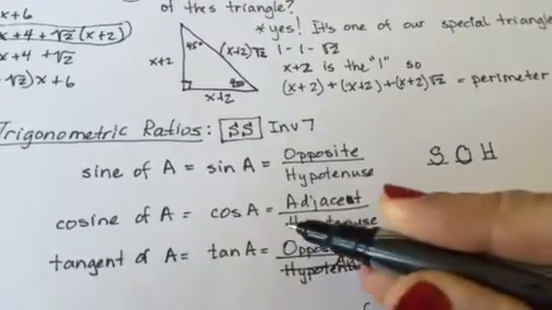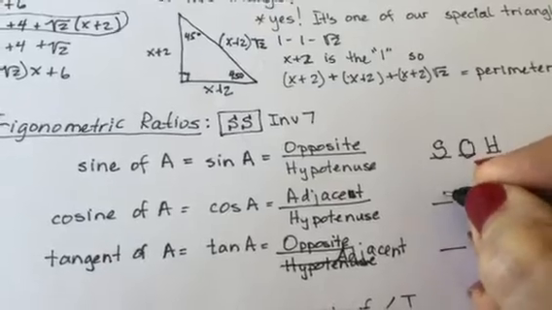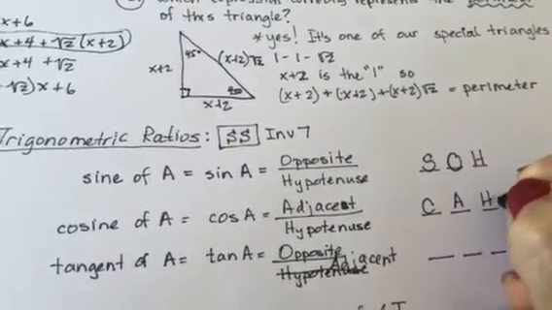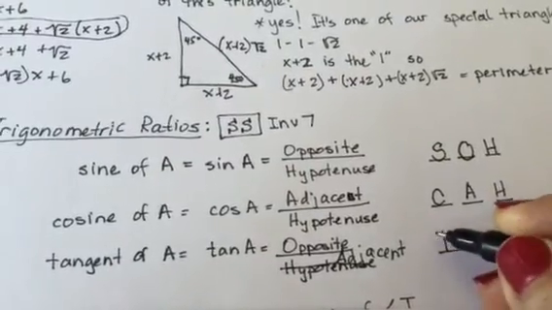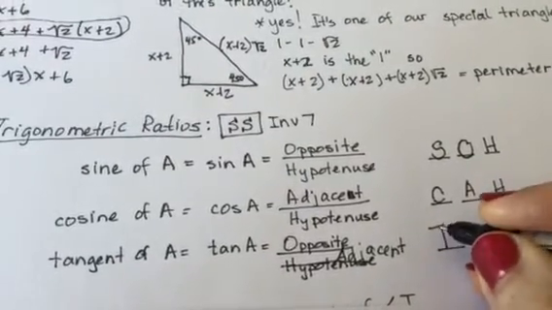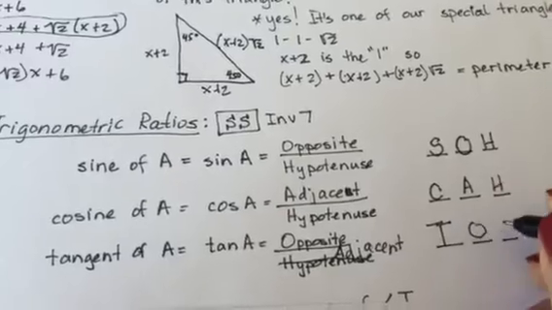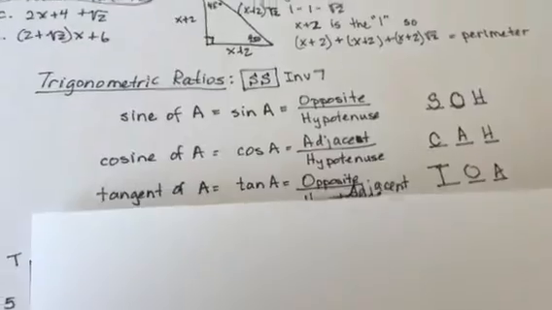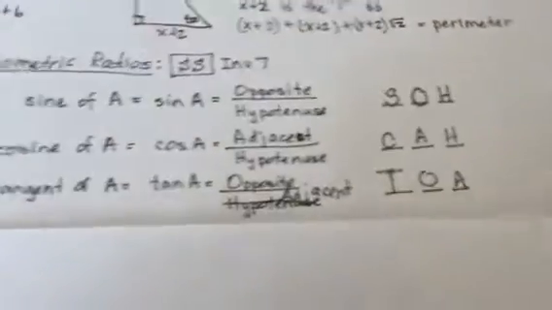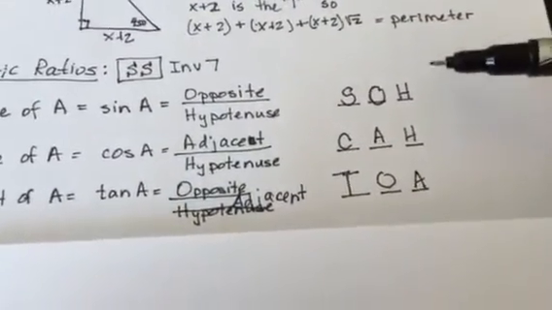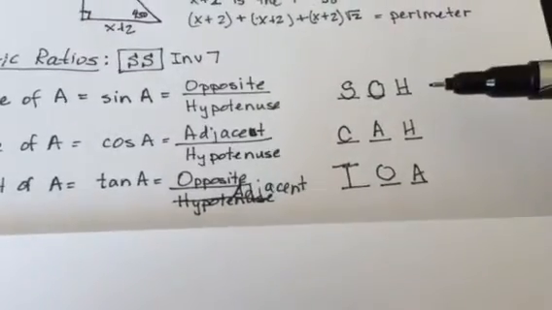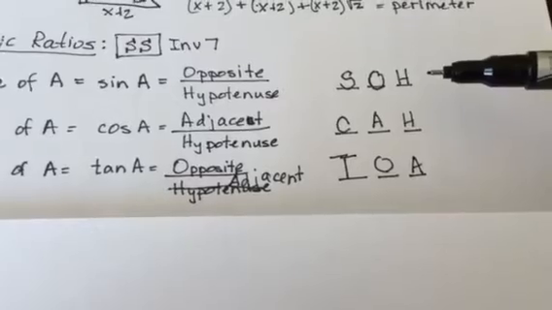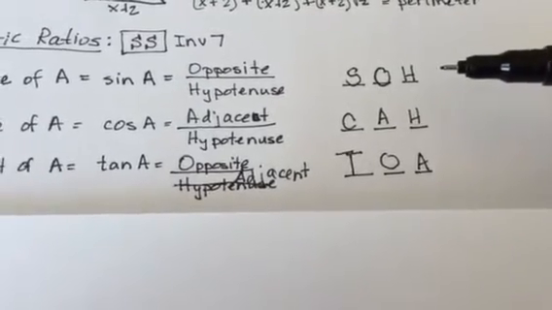And if we take the C from cosine and the adjacent over the hypotenuse, and if we take the T from tangent and opposite over adjacent, we have a little saying, a way to remember how to say it: SOHCAHTOA. It's a made-up saying, an Indian chant, if you will.